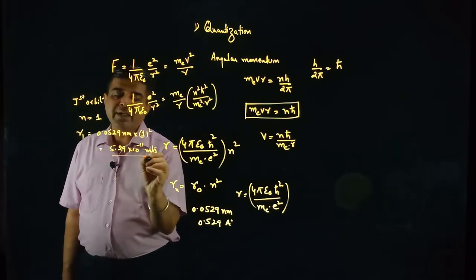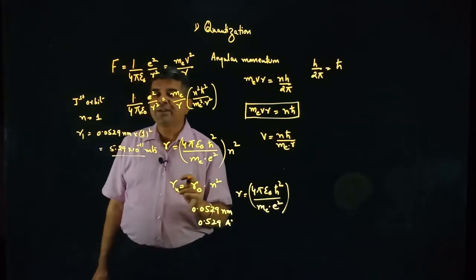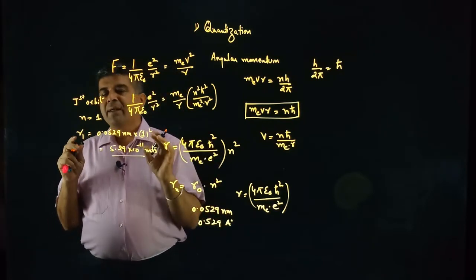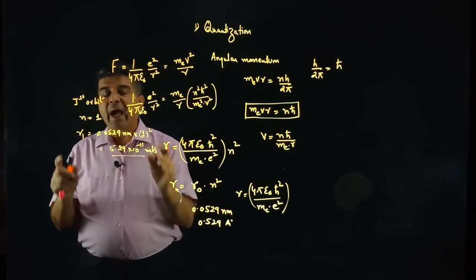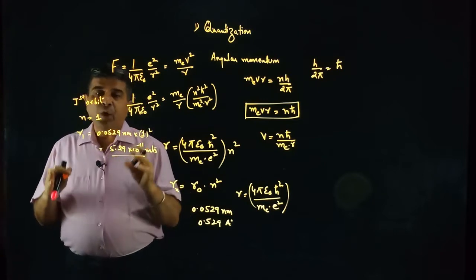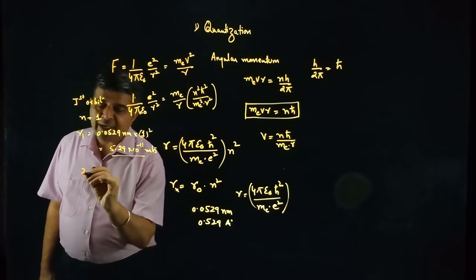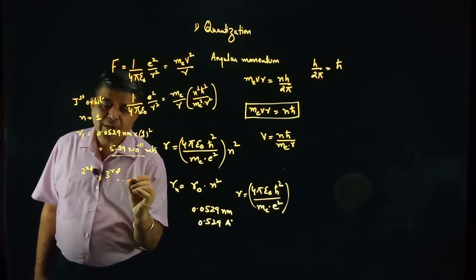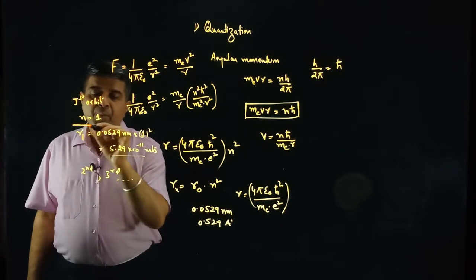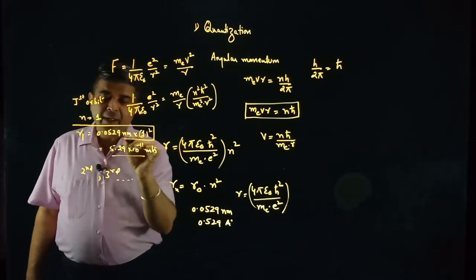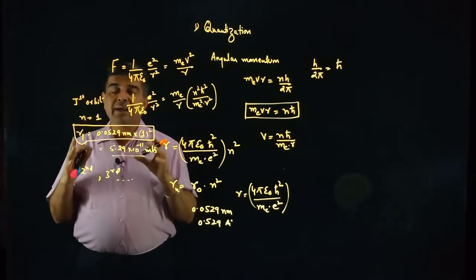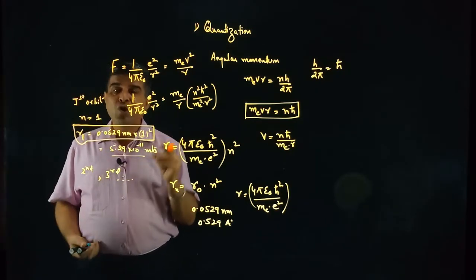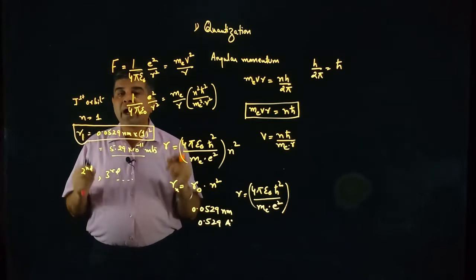So this is the smallest radius of an orbit in an atom. And likewise, we can calculate radius for second orbit, third orbit, and so on. Now this is an important number because it is the radius of the first orbit in hydrogen atom.